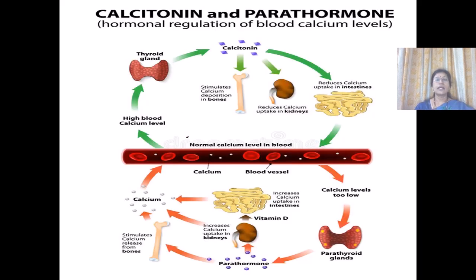Whenever the level of calcium ions in the blood falls below the normal level, the parathyroid glands secrete parathormone and help in raising the calcium ion levels. On the other hand, calcitonin works opposite to parathormone.